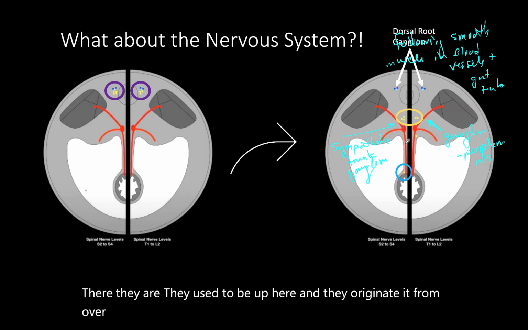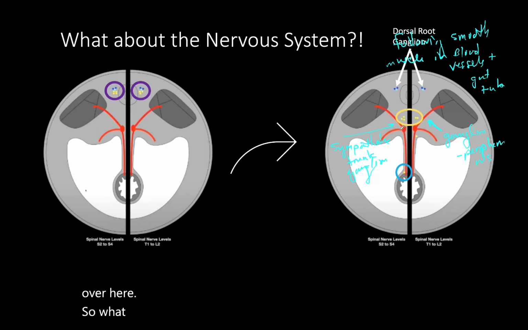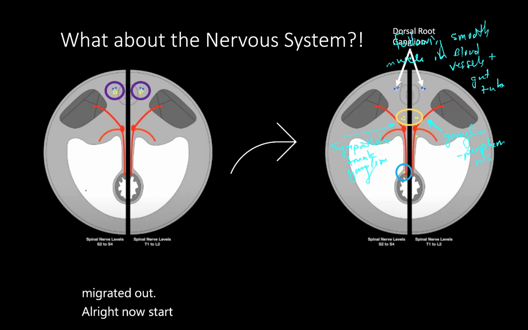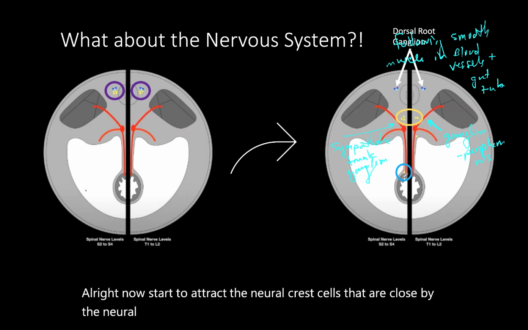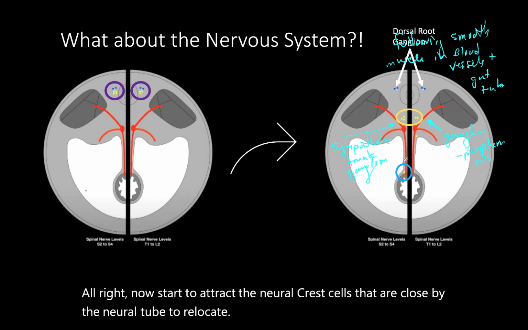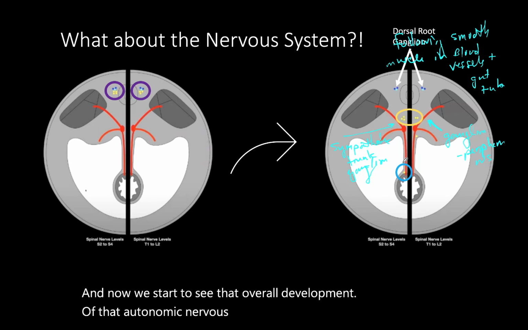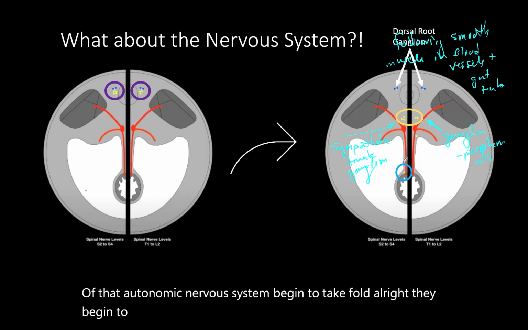All right. So what has happened here is basically these arterioles that migrated out now start to attract the neural crest cells that are close by the neural tube to relocate. And now we start to see that overall development of that autonomic nervous system begin to take hold.